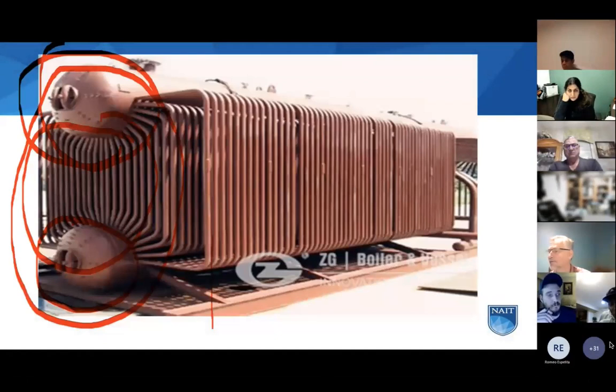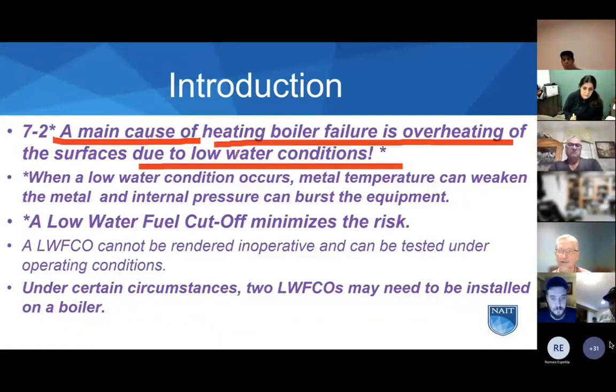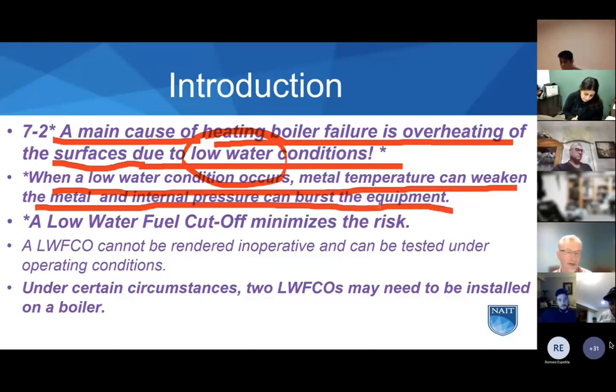So important to think about and remember, one of the easiest ways to blow up your boiler is overheating of the surfaces. So the heating surfaces get too hot because we have a low water condition. When low water occurs, metal temperature will weaken. Internal pressure can burst the equipment. It can burst and not do a lot of damage, but if it does burst, there will be damage.